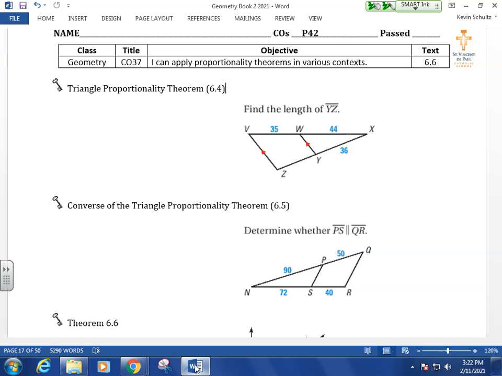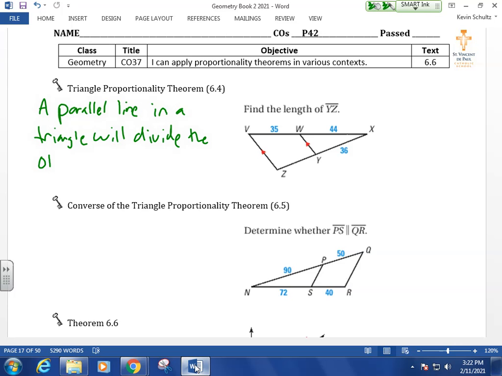So the first one is the triangle proportionality theorem, or the TPT, which says that a parallel line in a triangle will divide the other two sides proportionally.